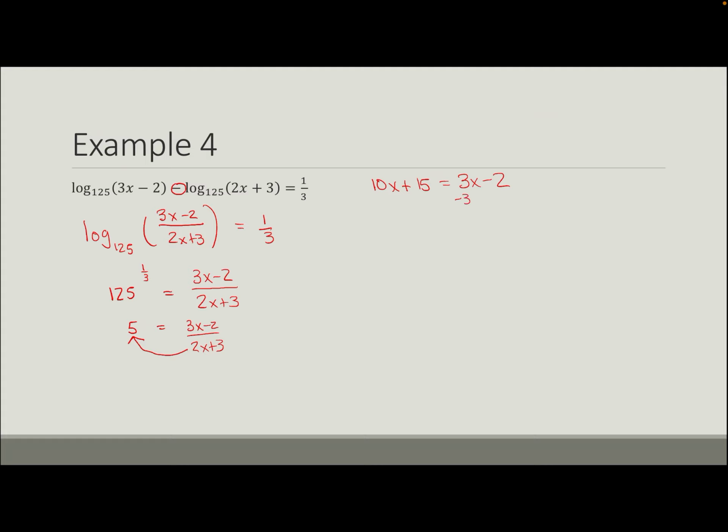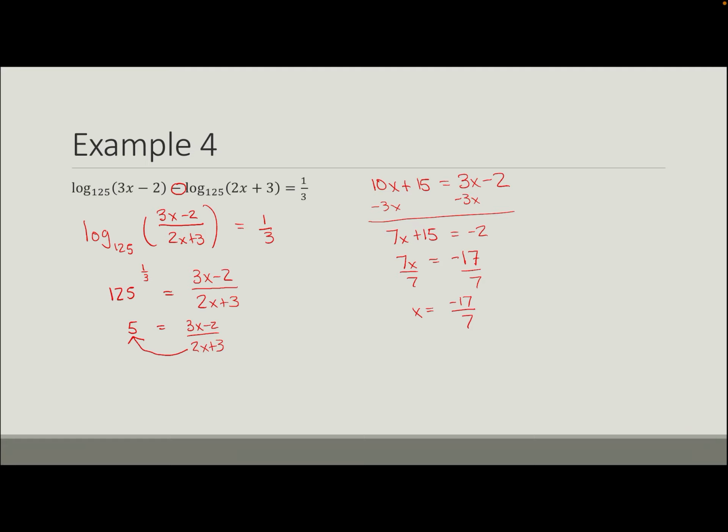And we subtract 3x from both sides. So we get 7x plus 15 equals negative 2. We subtract 15 from both sides, so we would get 7x equals negative 17. And then we divide both sides by 7. And so x is going to equal negative 17 divided by 7.